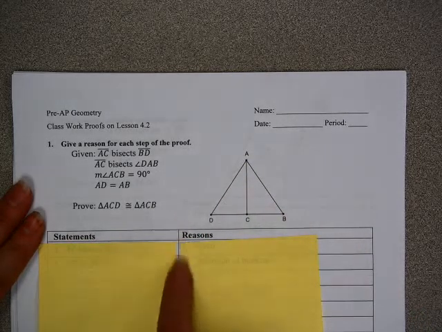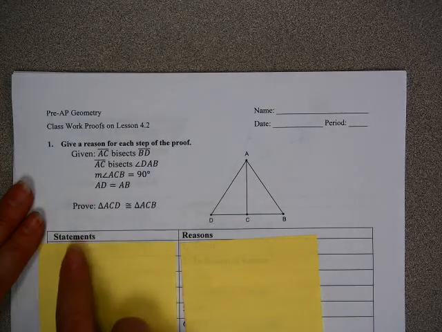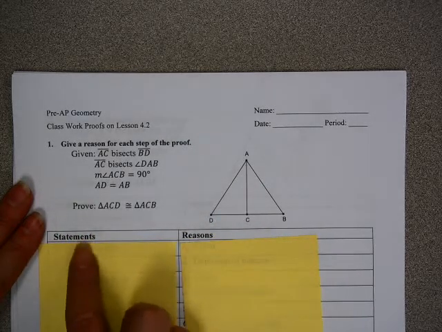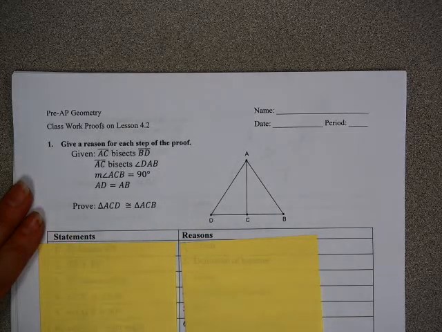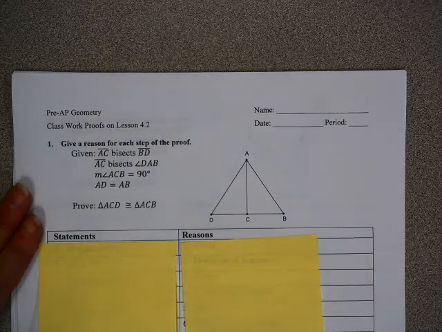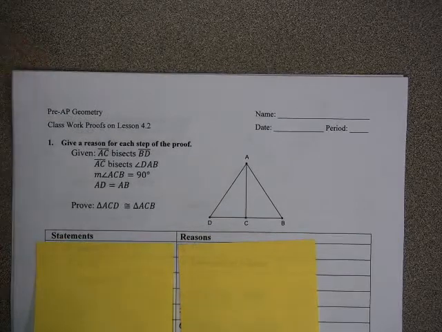Remember, when you're making your T-chart, that you need to label the left-hand side statements and the right-hand side reasons, and that all of the statements have to be numbered and the reasons have to be numbered to match the statements. Okay, so to begin, I'm going to use colors to highlight the givens as we go.